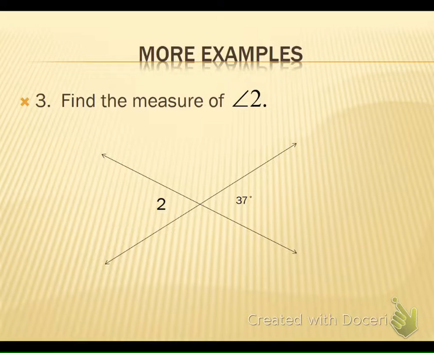All right, go ahead and draw this one as well. Now we're looking for the measure of angle 2. So when you're drawing this, just draw 2 lines that cross each other, 2 intersecting lines.